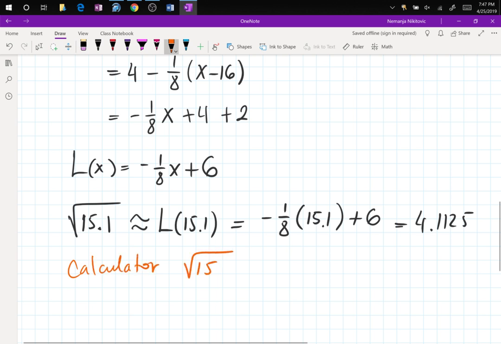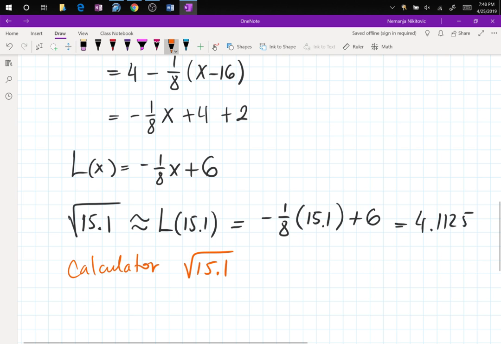for square root of 15.1. I did something wrong. 4 can't be right, it's too big. Square root of 15.1 has to be less than 4. Yeah, I typed something wrong. It's 3.86.